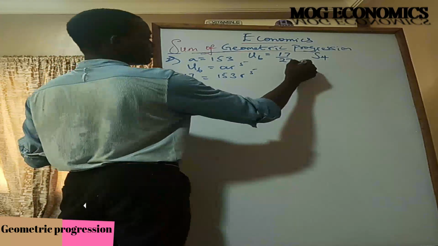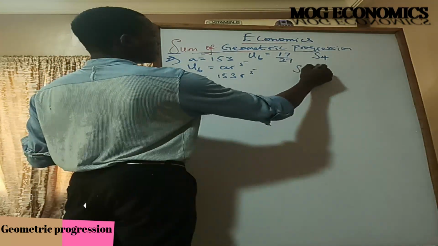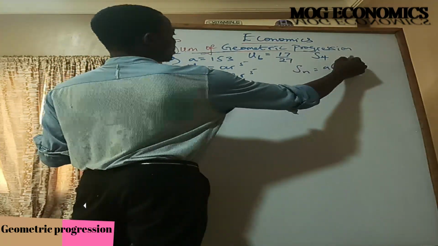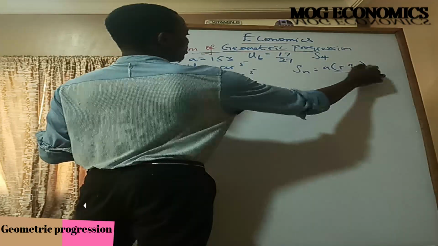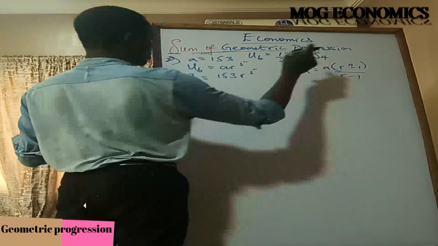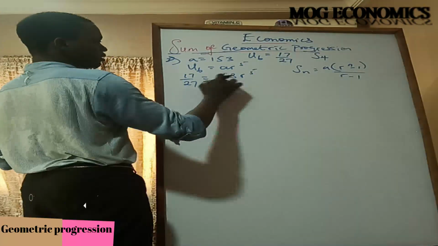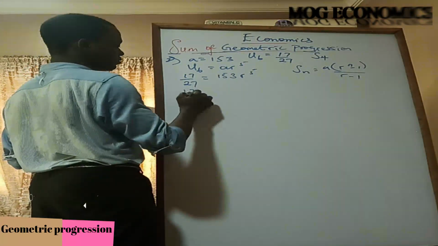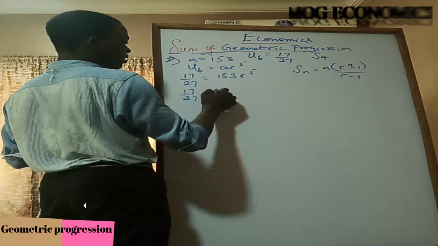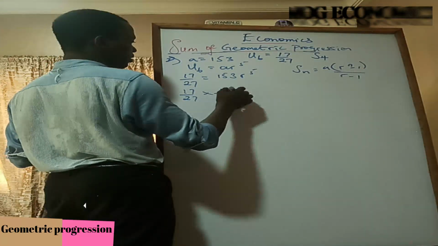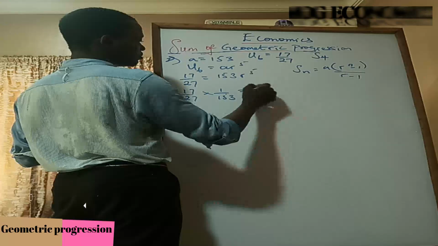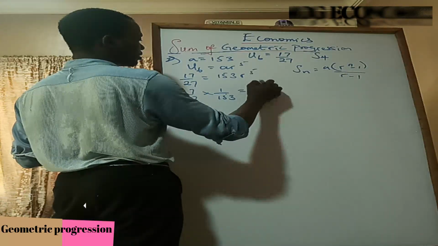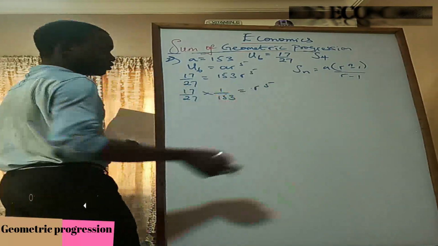So remember the formula now: Sn equals a(r^n minus 1) over r minus 1. So we need to have that r. So what I just do is multiply both sides by 1 over 153: 17 over 27 times 1 over 153 equals r to the power 5. I don't have to be doing it again.